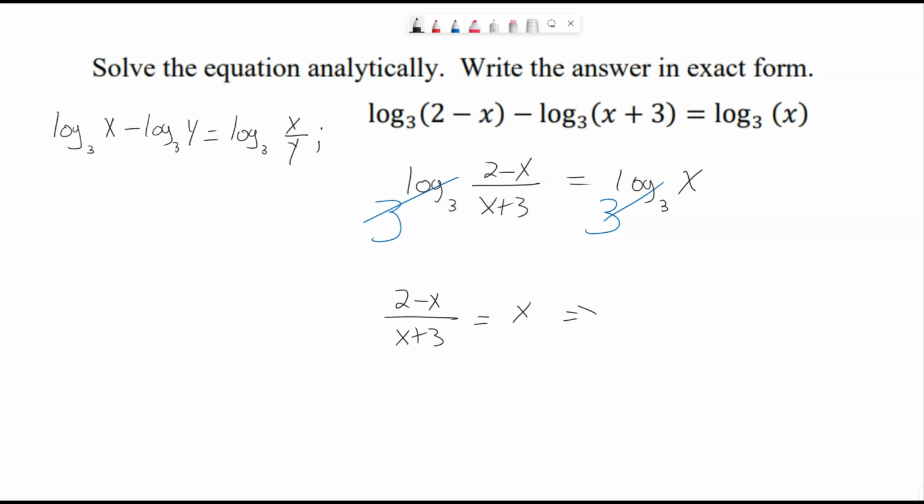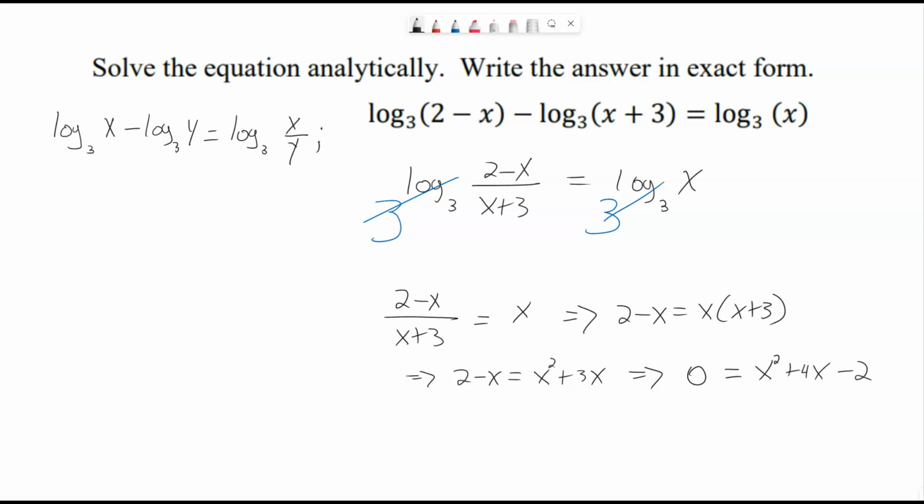If I clear fractions, I would get 2 minus x equals x times x plus 3, which we can then simplify. 2 minus x equals x squared plus 3x, which we can then move everything to one side and get 0 equals x squared plus 4x minus 2.